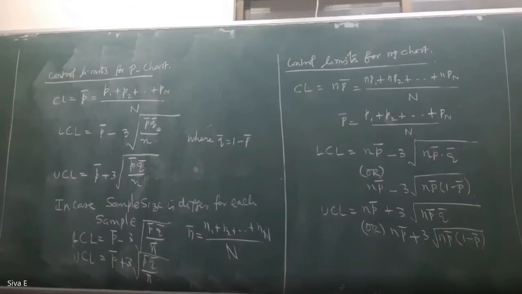Listen, and one more thing, please keep it in mind. If the sample sizes differ for all the samples, no need to think about the NP chart. You only have to draw the P chart. In case the sample size is the same for all samples, you have to draw both the P chart and NP chart.